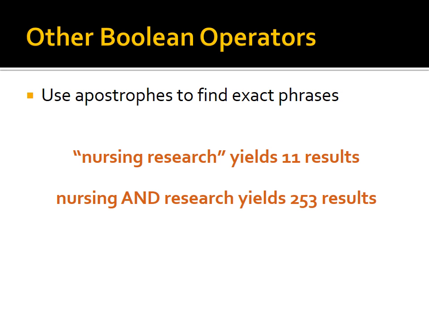Okay, and finally, the quotation marks. In this case, we're going to use nursing research as our model. Nursing research is not indexed in FDO, but it is a particular field of grant writing and funding. So if I search with the quotation marks around nursing research, I only get 11 results.